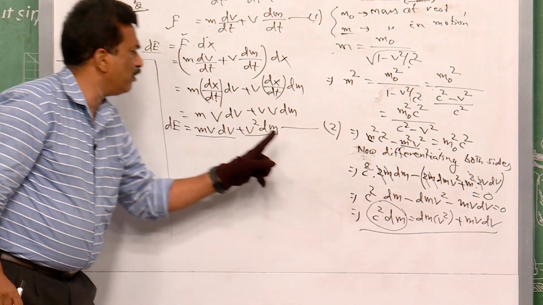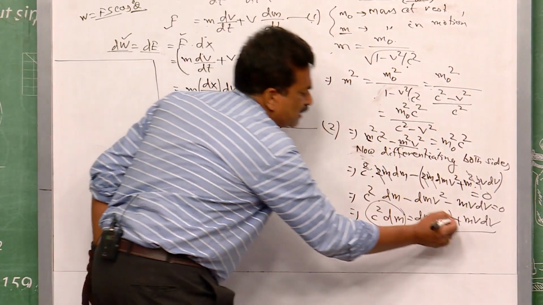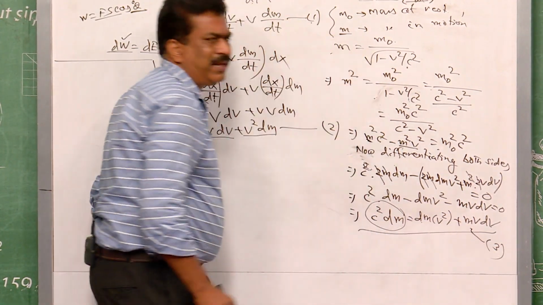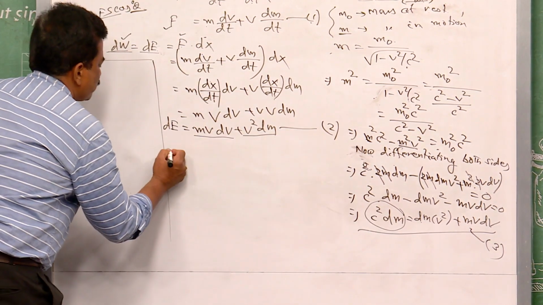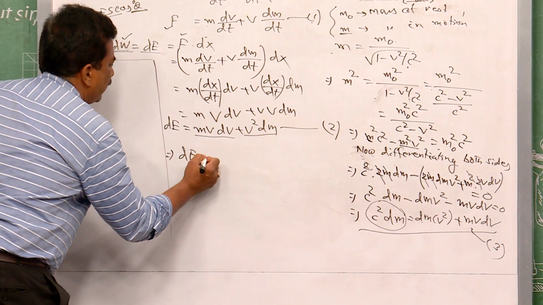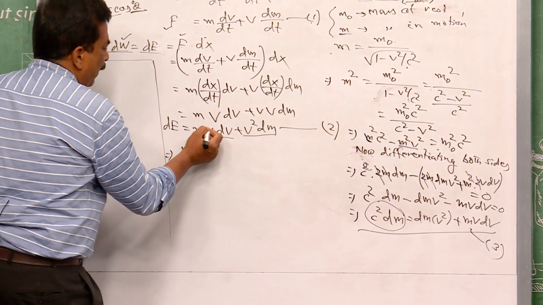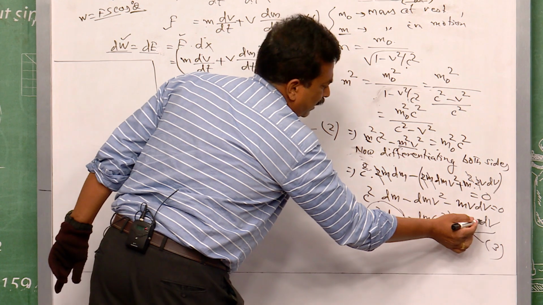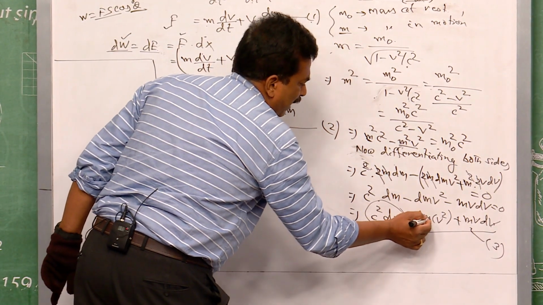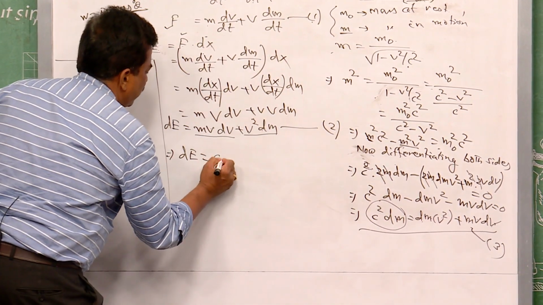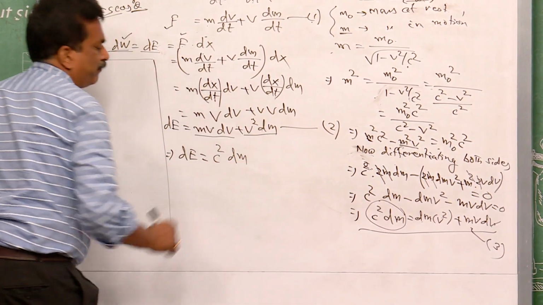Now, put this value in equation 2, that is, putting equation 3 in equation 2. So this will give you dE equals mv dv plus v square dm, which equals c square dm.